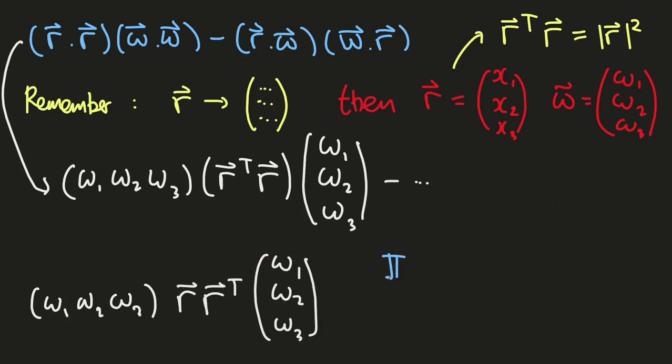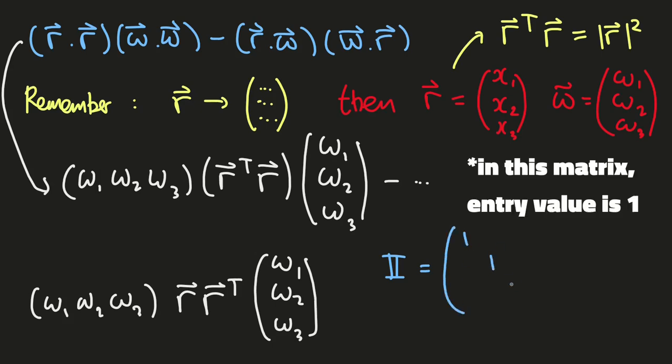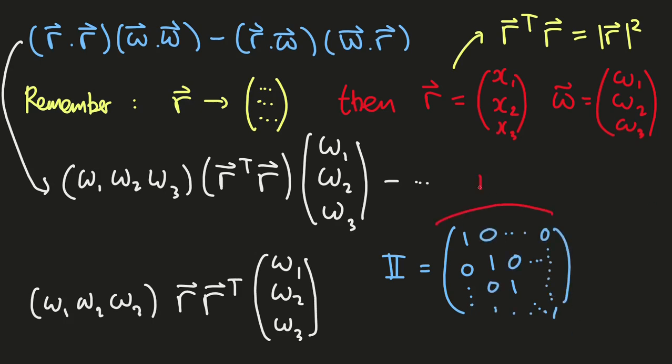Now I define the capital I matrix, whose entries are only on the diagonal while the off-diagonal entries are 0, known as the identity matrix. By scalar multiplication with lambda, each component of the matrix is multiplied by lambda, so in the identity matrix lambda appears only on the diagonal.